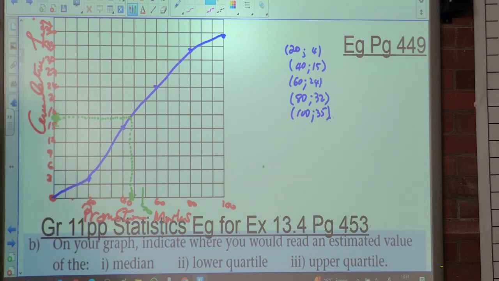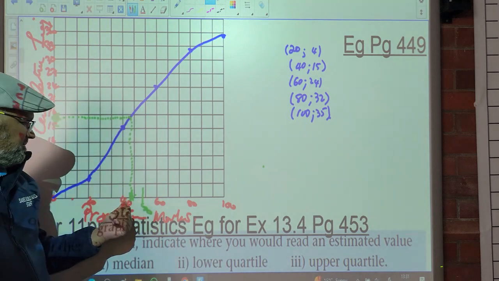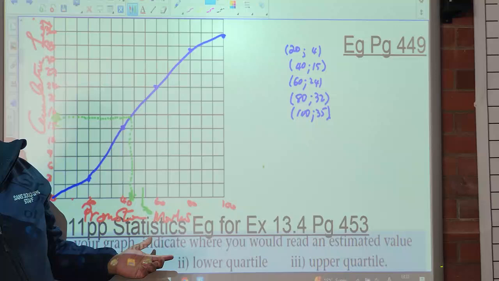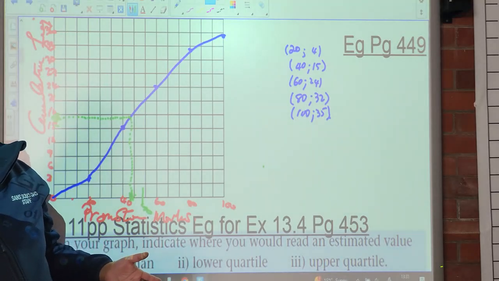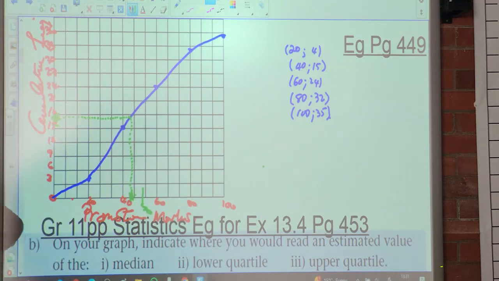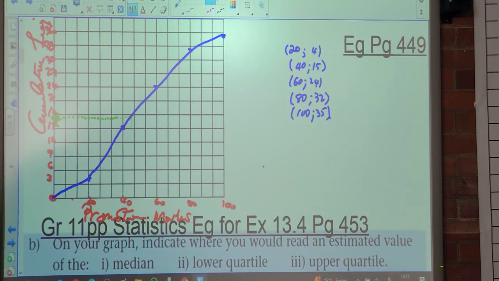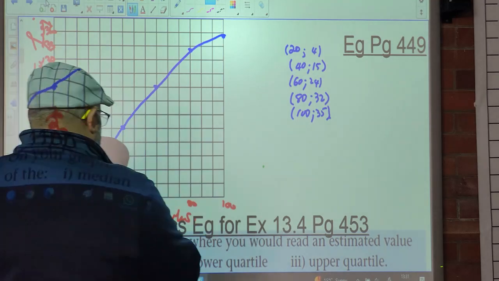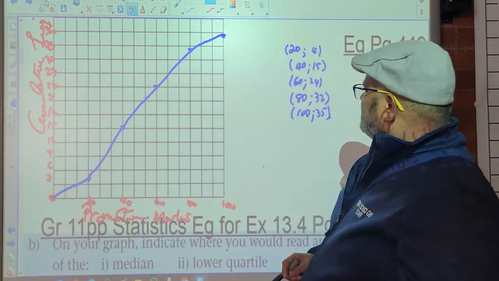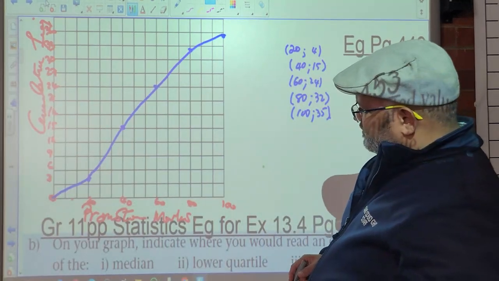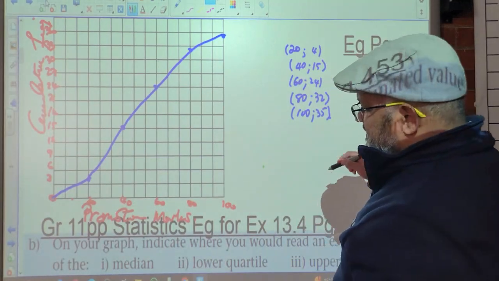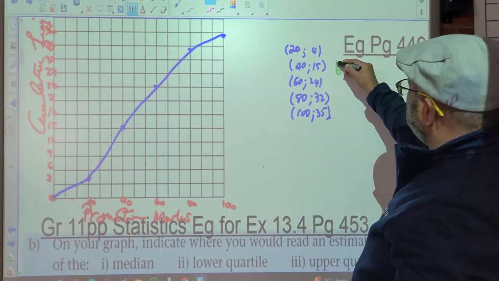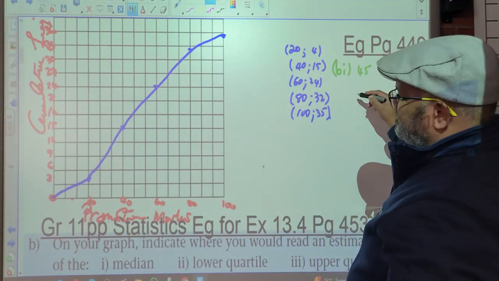But if you got a value of, let's say, 43 or 42, it would also be acceptable. You guys understand? So I'm going with 45. Again, it's this approximation. Okay. So it's going to be at, what's the value that I got there? 45. So B number 1 is 45.